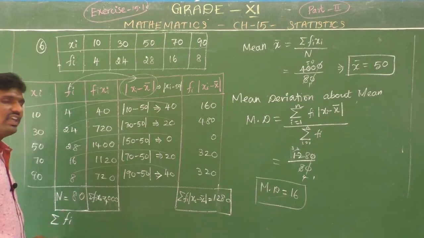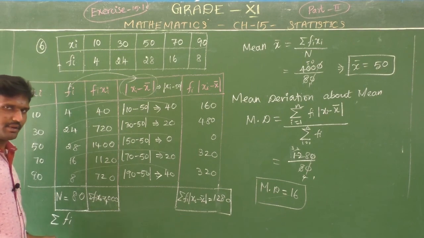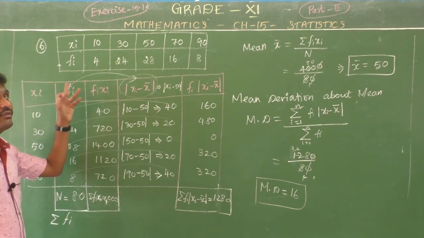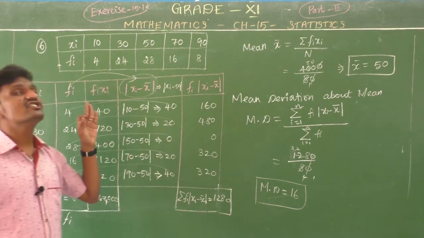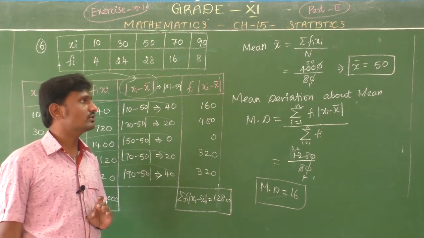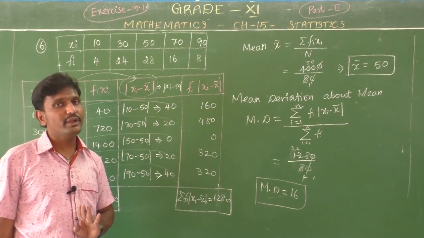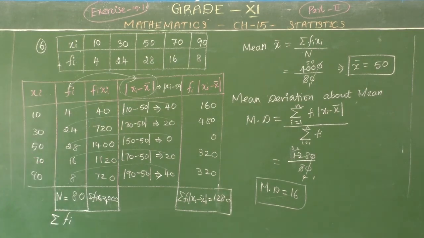First, the sum of all frequencies, summation fi. Then the sum of all products of xi and fi. Finally summation fi into modulus of xi minus x bar. Then finally take the mean deviation about the mean formula, substitute, and get the answer. Have you got it, children?